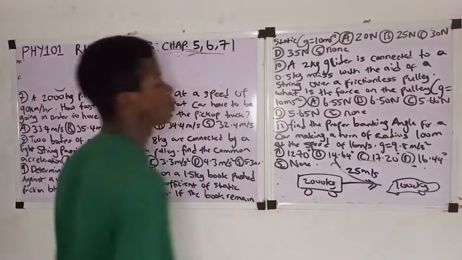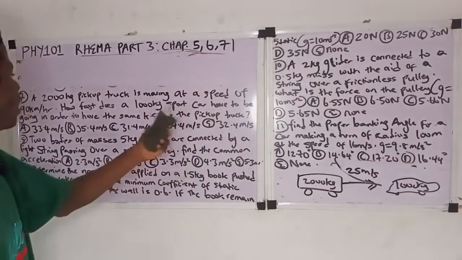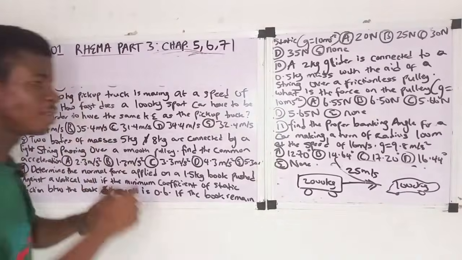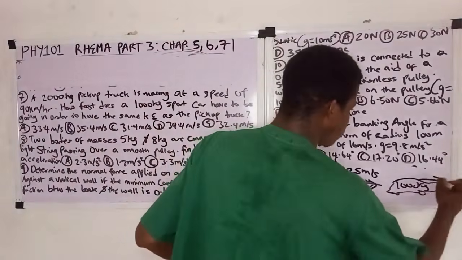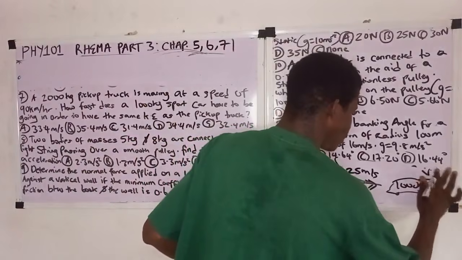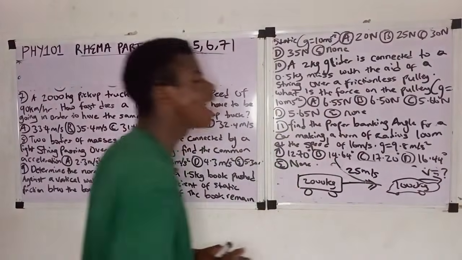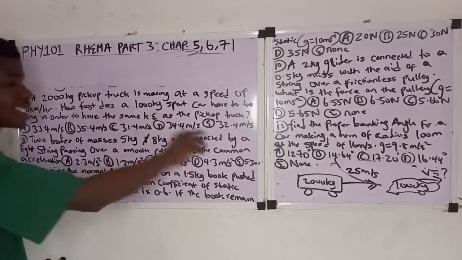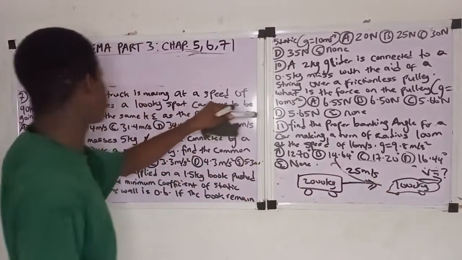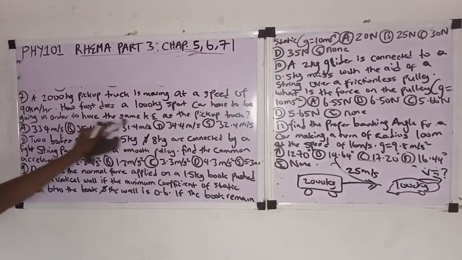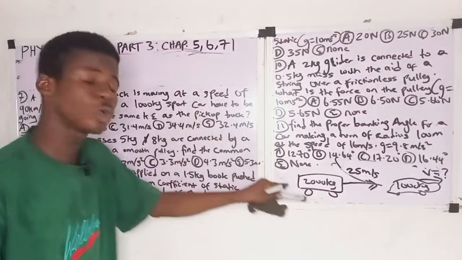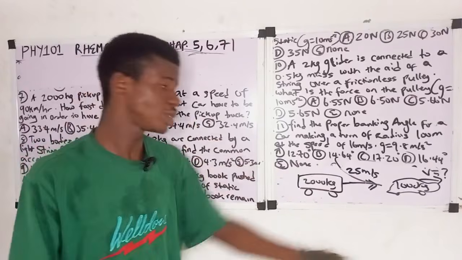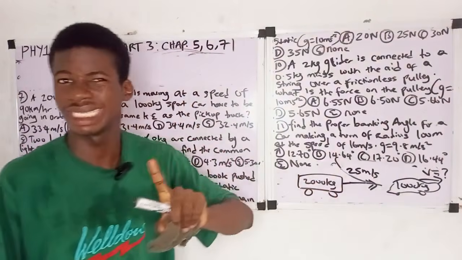We are looking for the velocity. How fast, which is the velocity, does the sport car have to be going in order to have the same kinetic energy as the pickup truck?